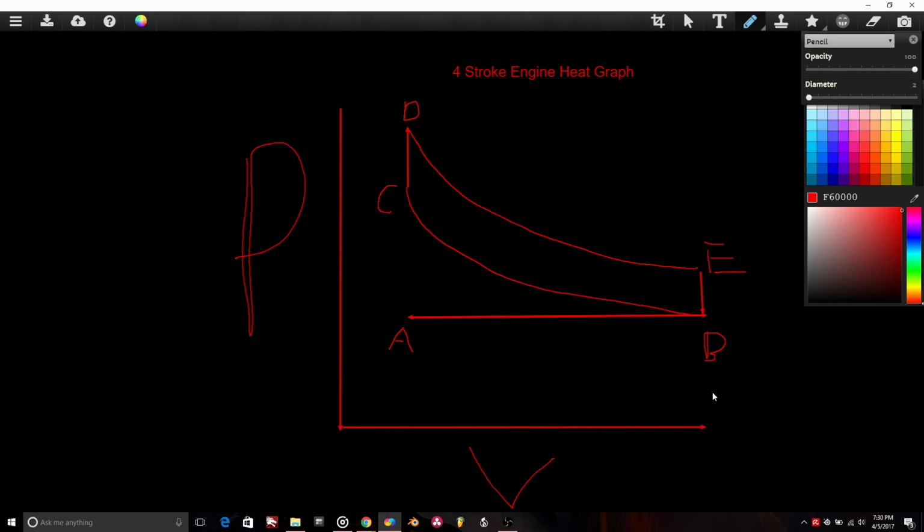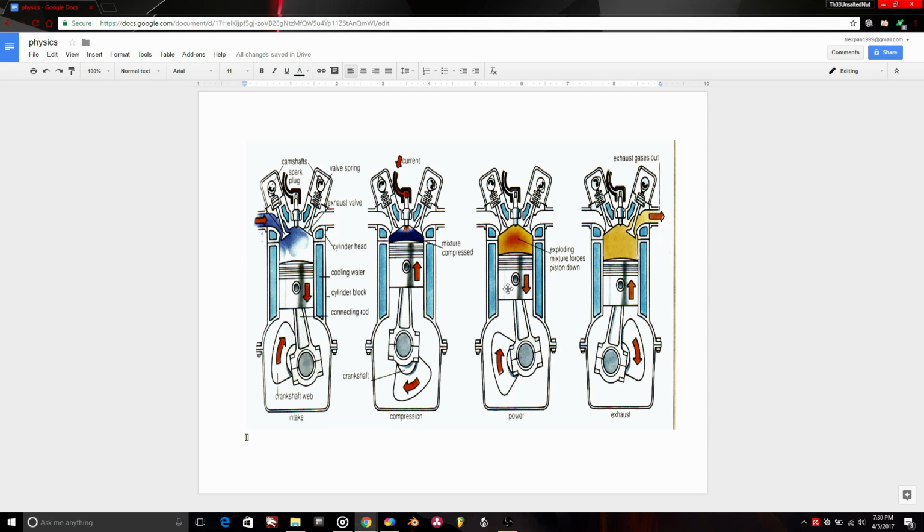Our compression stroke is from B up to C. Another simple process, as simple as intake. So time to look at the heat graph and see what it does before we look at the diagram. No, we're going to do the diagram first. So right here is our compression, and as you can see from the intake, it moves up in the compression.